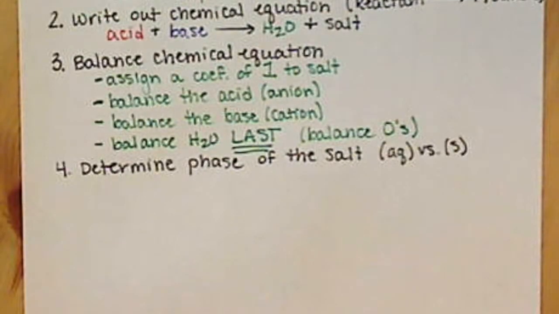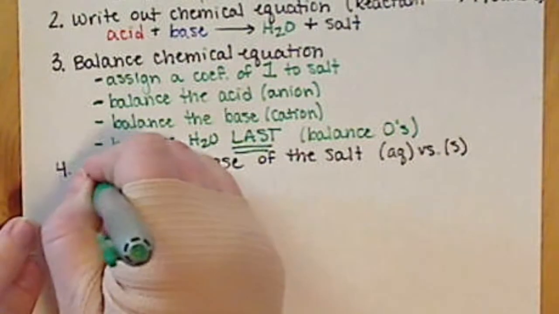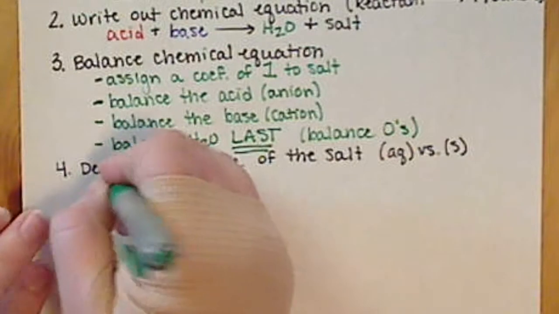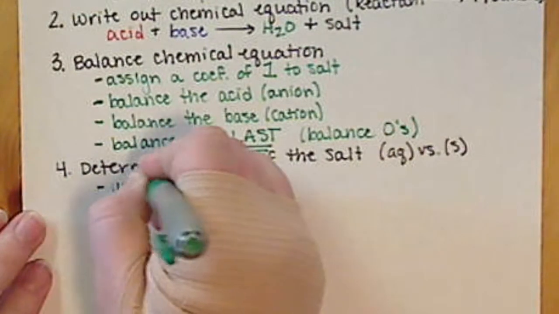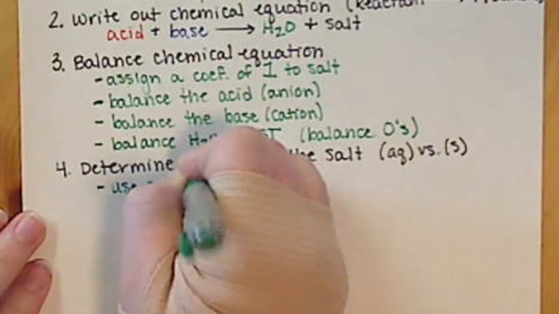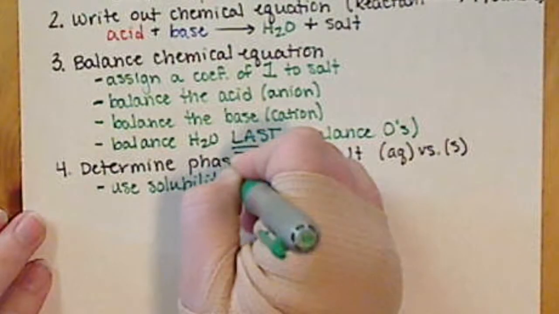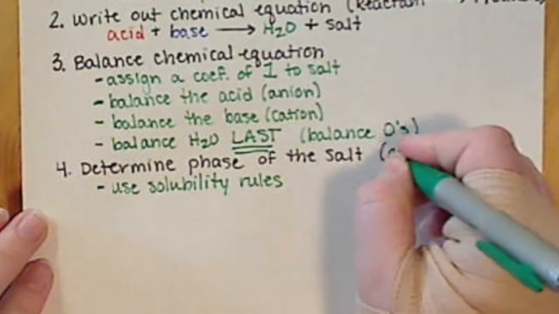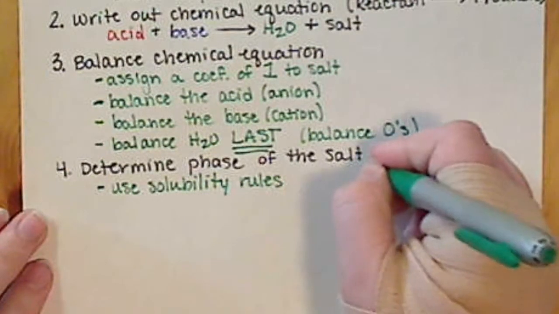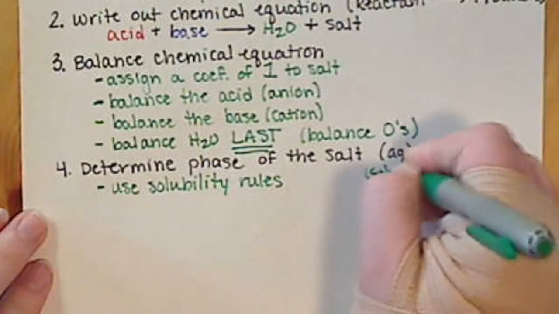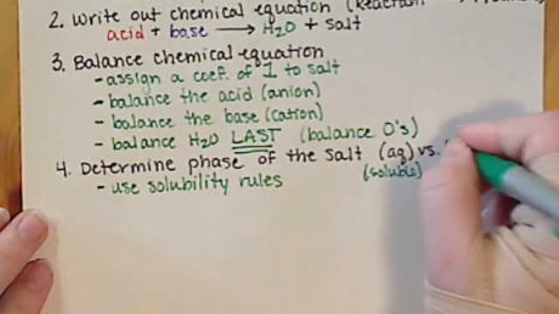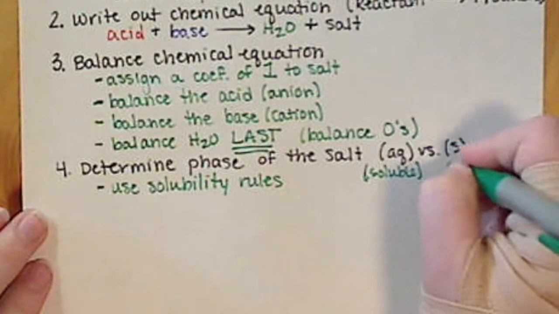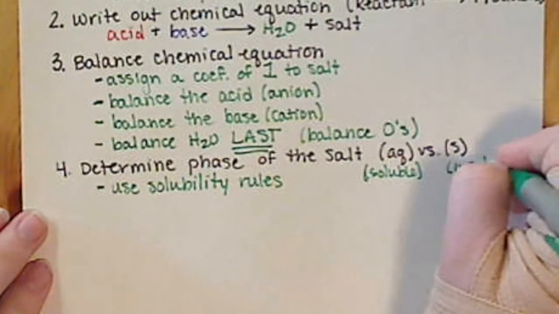How do we determine whether or not something is aqueous or solid? Hopefully you are yelling at your computer that you're going to use your solubility rules. And remember that if it's aqueous, that's going to be soluble, versus solid is going to be insoluble.